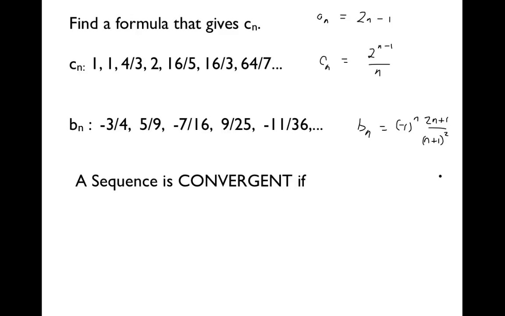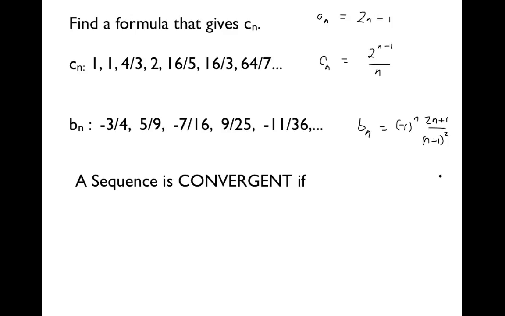Yep, okay. So convergence. What we mean by a convergent sequence is we look at this list of values and we ask the question, is it homing in on a particular value? Are the terms of the sequence getting closer and closer, and in fact as close as you want, eventually infinitely close, to a particular value?